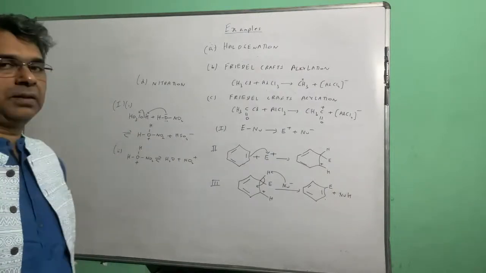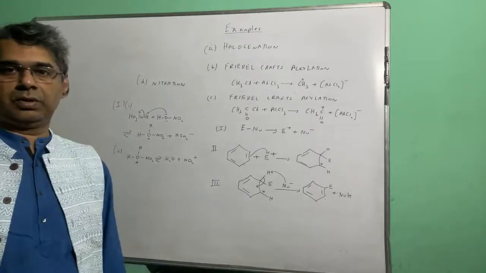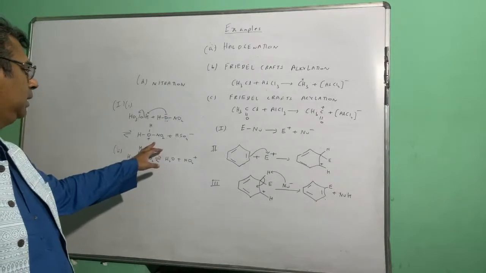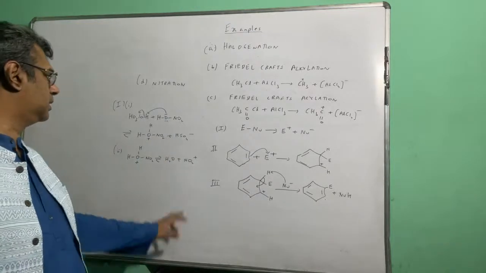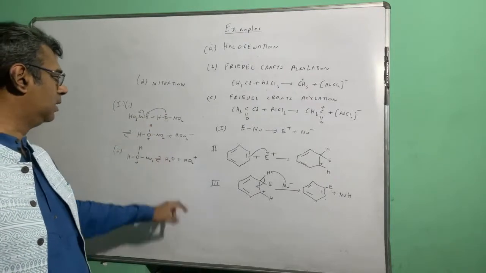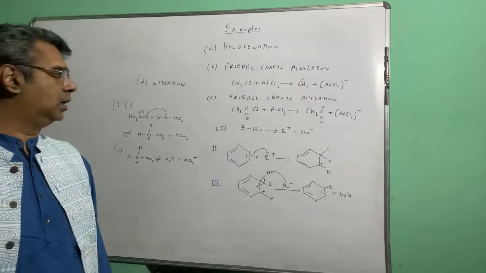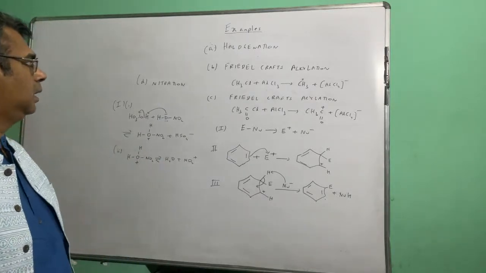So this is a very rare reaction where HNO3 and H2SO4, which are both very well known as acids, one of them is acting like a base. HNO3 is acting like a base, it is accepting a proton. The other one, H2SO4, is acting like an acid, it is surrendering a proton. So that is a very interesting thing about nitration.